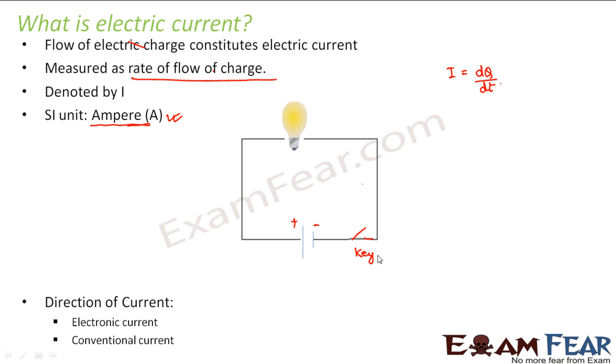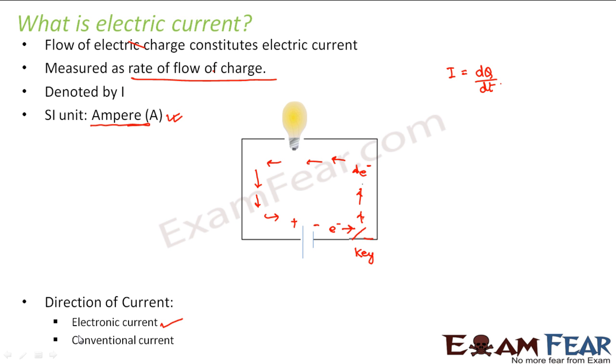So normally, if you look at this circuit, this is the negative electrode of the cell. This negative electrode will give rise to many electrons. When I talk about electric charge, it is nothing but your electrons. So the electrons will flow in this direction. This is how the electrons will flow. So this is the direction of electronic current.